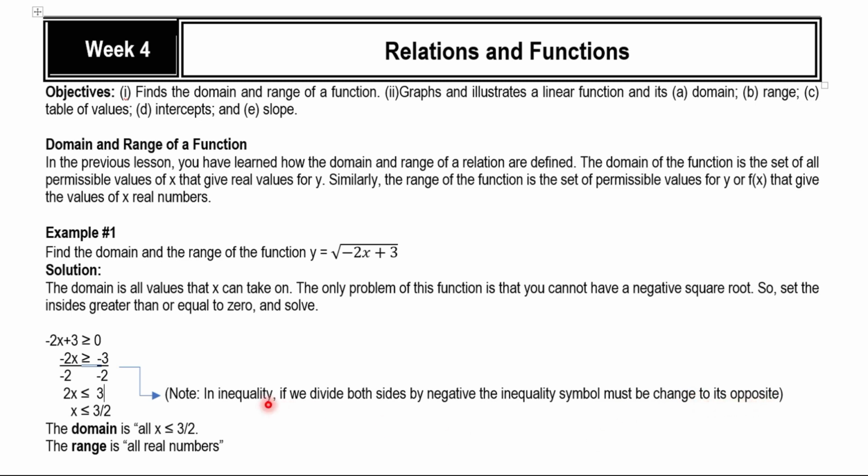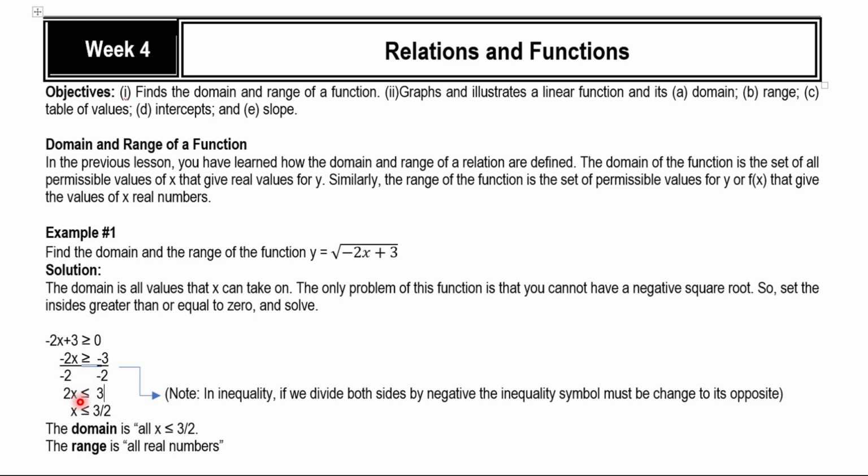So meaning, if we divide by a negative, if our coefficient is negative, so we are dividing by a negative, automatically our symbol will change. So greater than or equal to becomes less than or equal to.